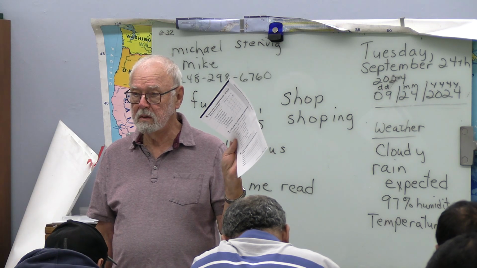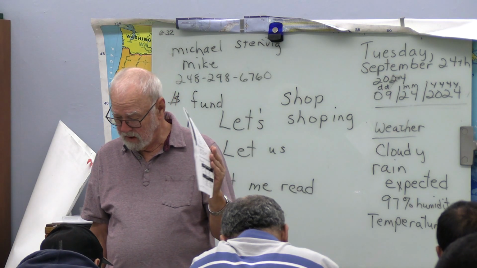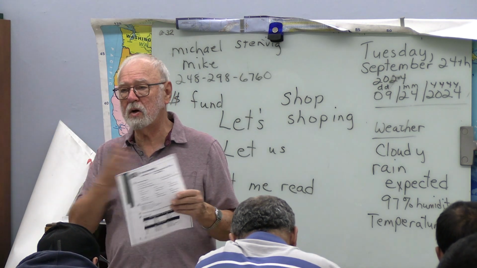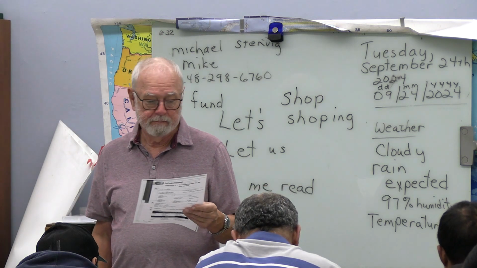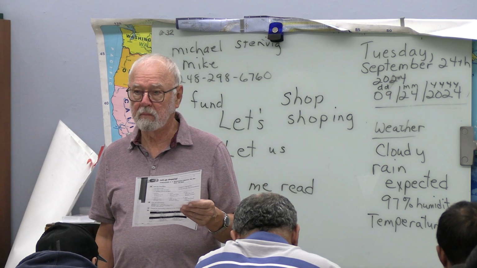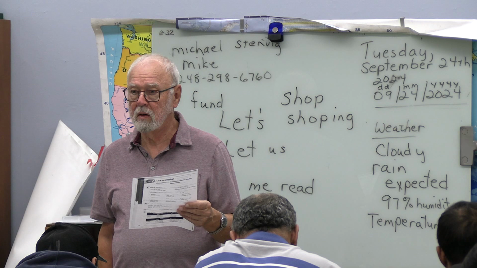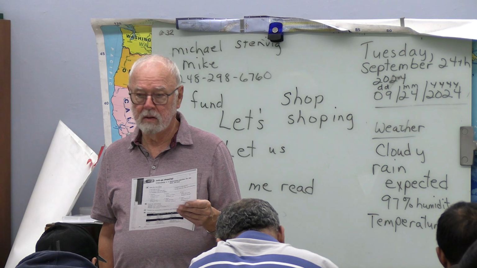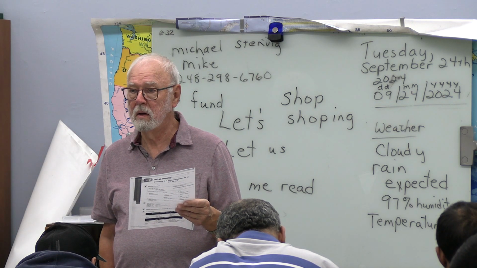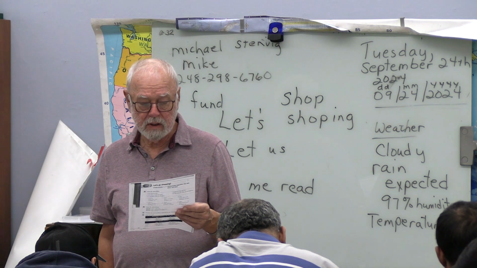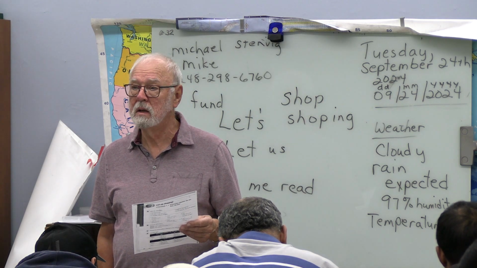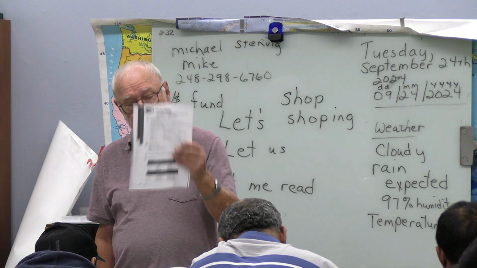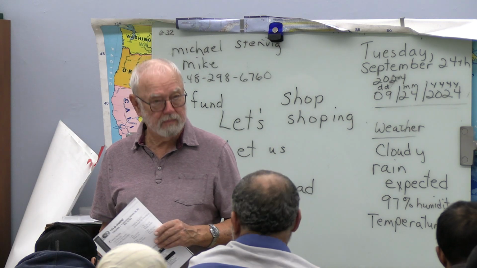Read number 1. Those apples are delicious. Plural, far. Very good. And what does delicious mean? Tastes good. It's tasty. Yes.